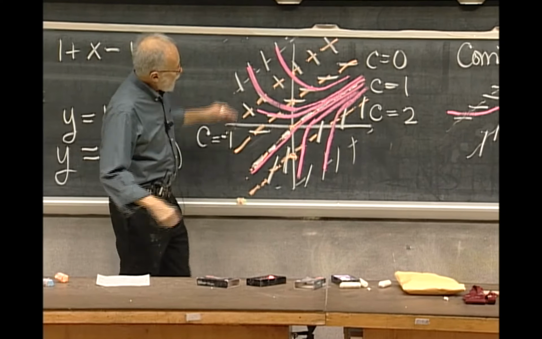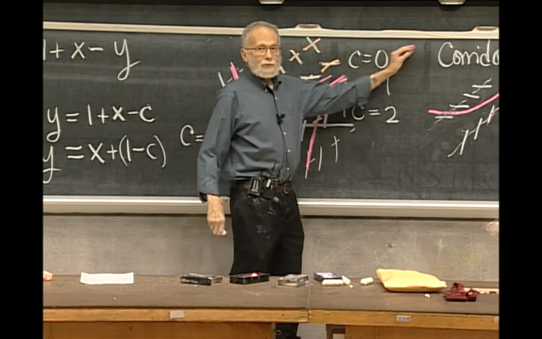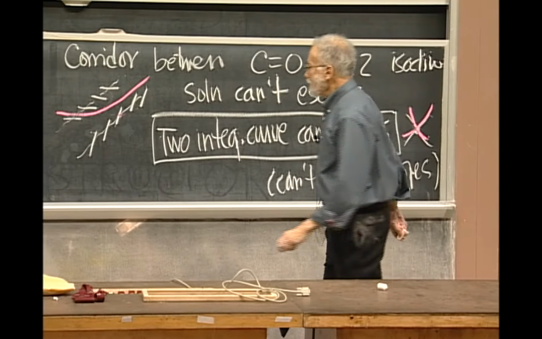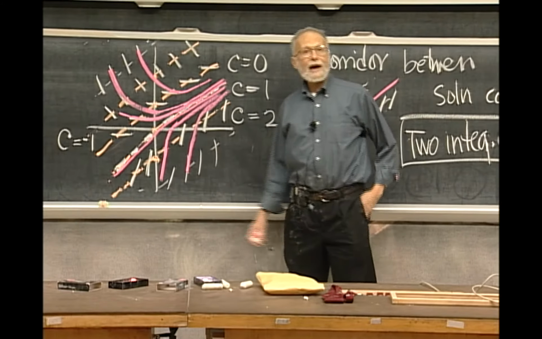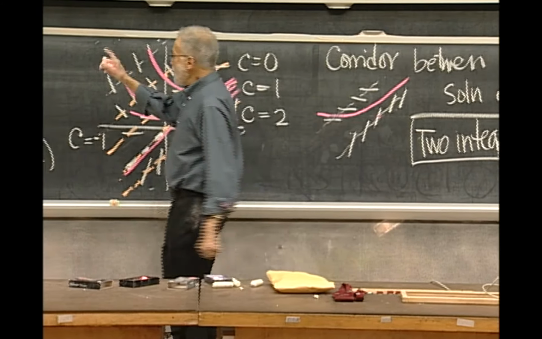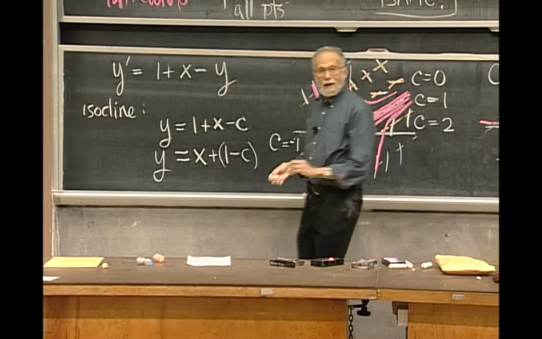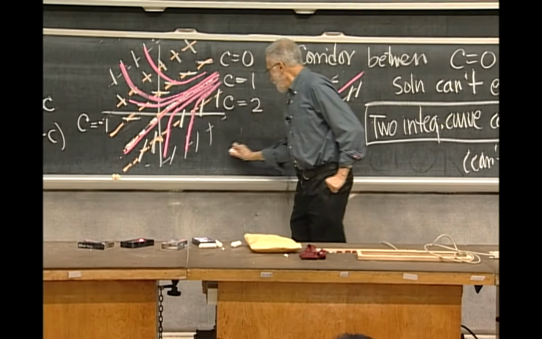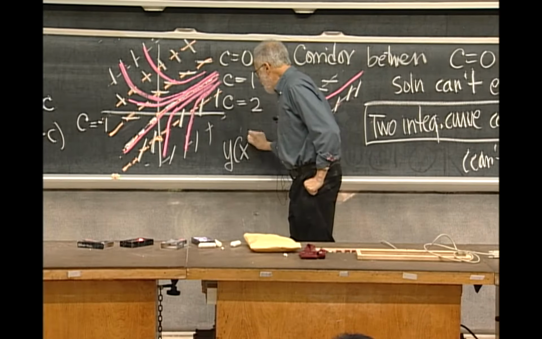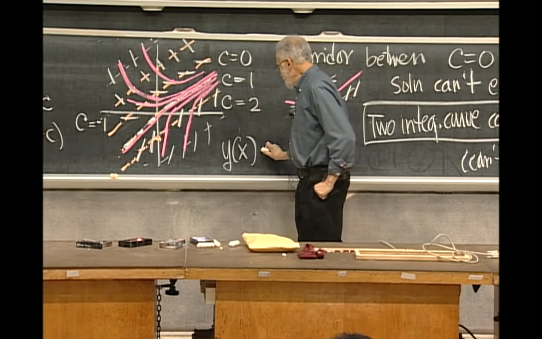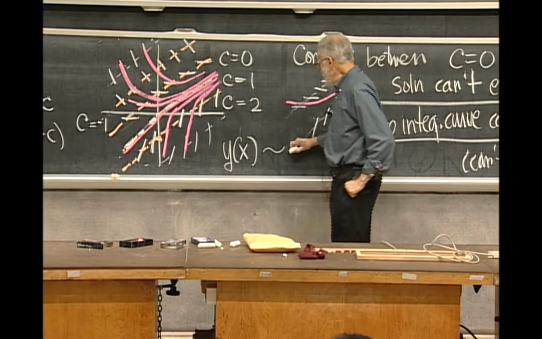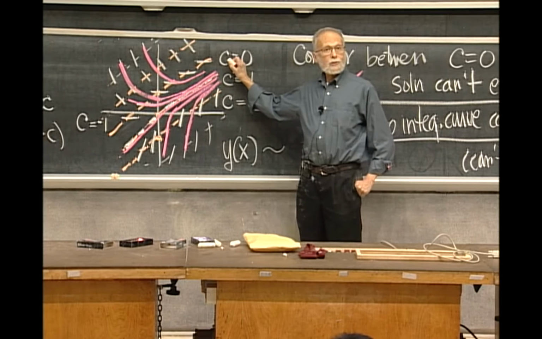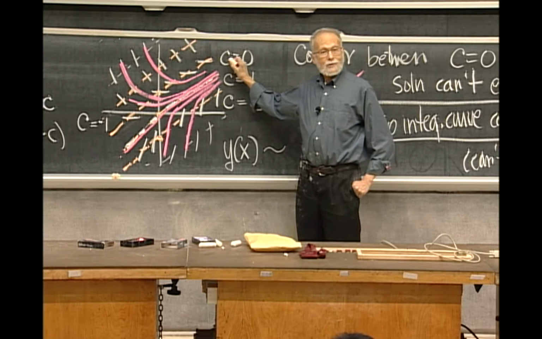In other words, all these curves join that little tube and get closer and closer to this line y equals x. And therefore, without solving the differential equation, it's clear how all of these solutions behave as x goes to infinity: they become asymptotic to the solution y equals x.